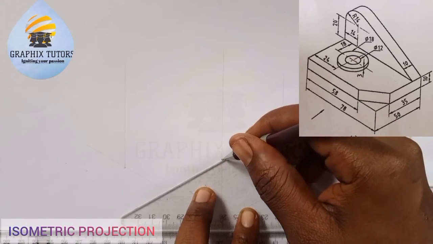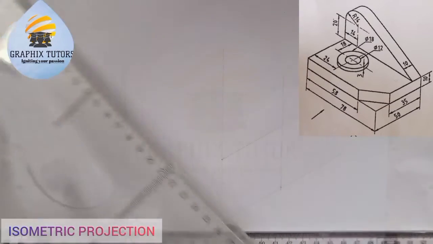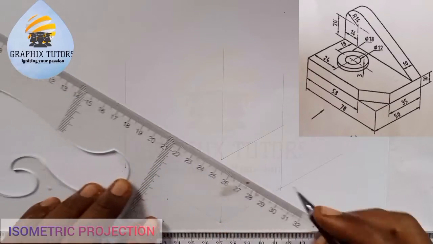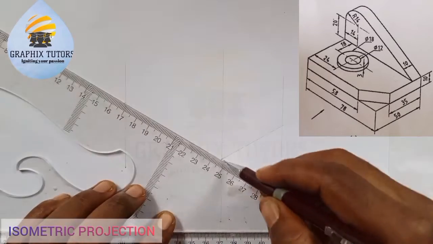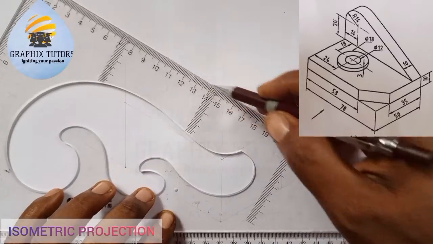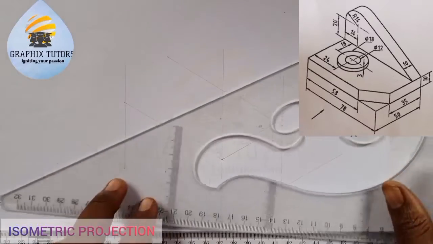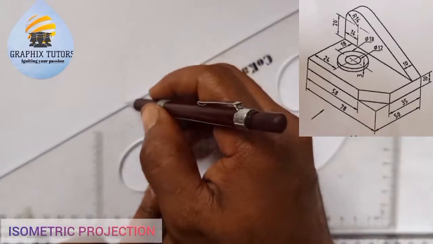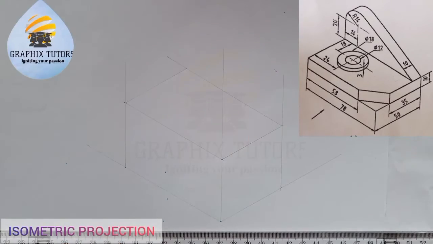I'll draw my line to touch this point, and I'll turn the set square also to the direction, and draw this also to touch this point, and here, from here to touch here, and I'll close it up from this point. You can see that. So this is what we have. I have successfully brought out this shape.